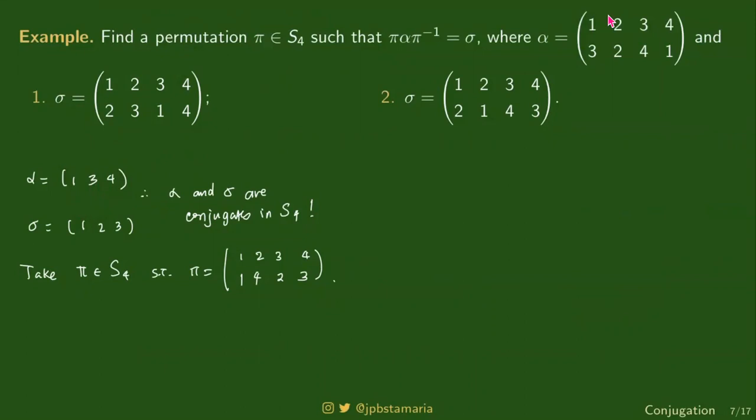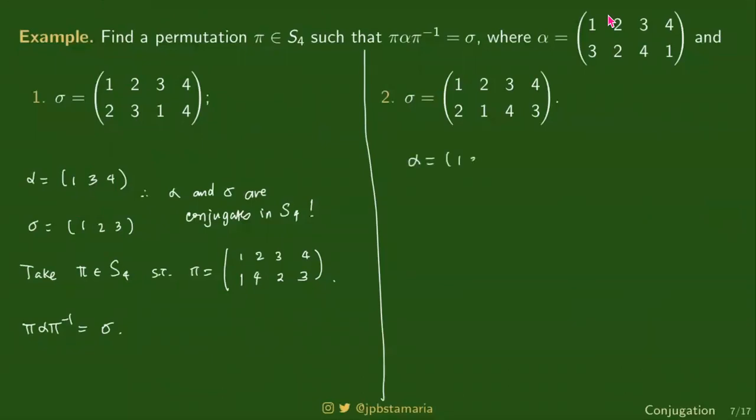Yeah. So if you take this pi, as you can see, pi alpha pi inverse will automatically be sigma. Hindi nyo na kailangang i-check, alam mo na yon based on our computations before. Okay, so let's take example number 2.